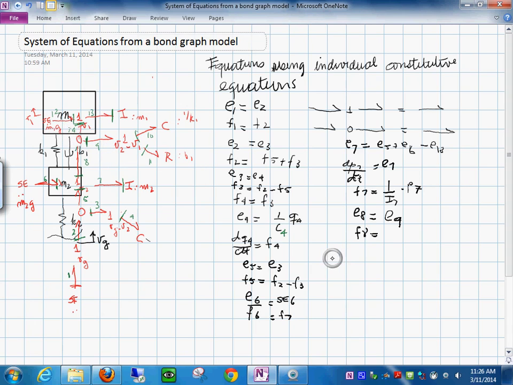So this is F sub 8 now. Where are we? This would be F sub 7. So E sub 9 is E10 plus E11.